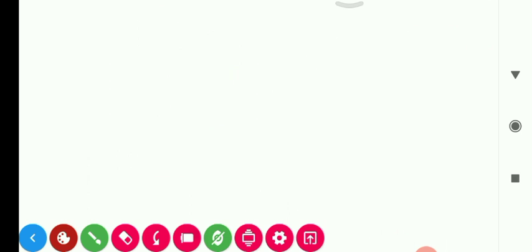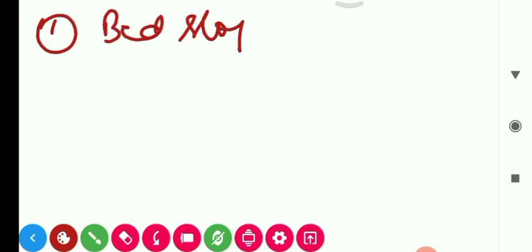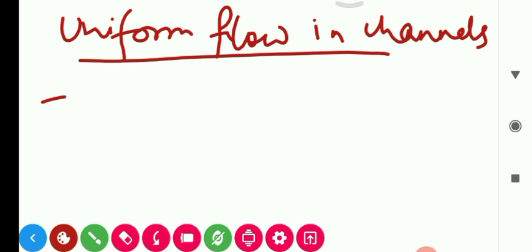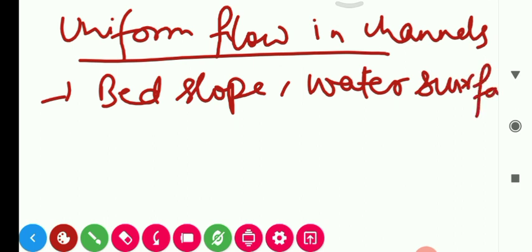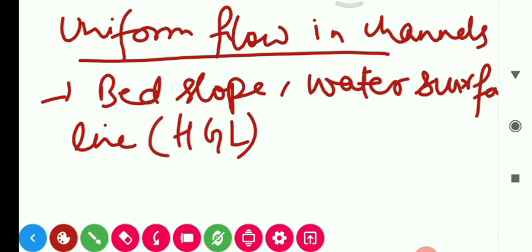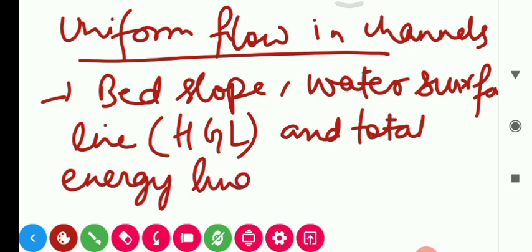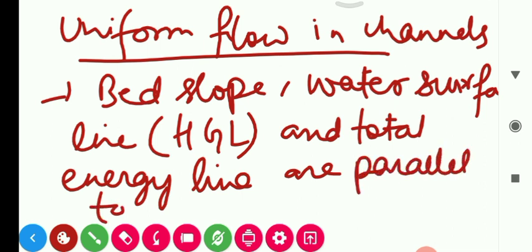Okay, so you may write a point that in uniform flow in channels, the bed slope, water surface line, which is also called the hydraulic gradient line, and total energy line are parallel to each other.